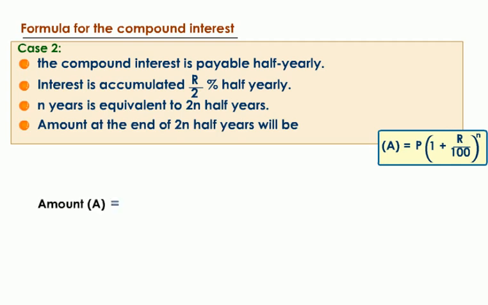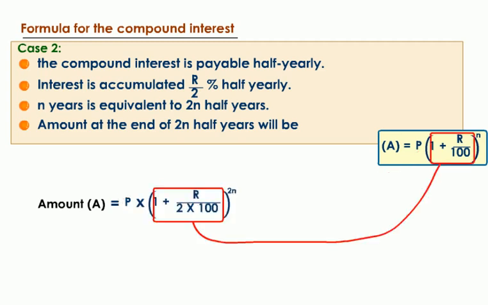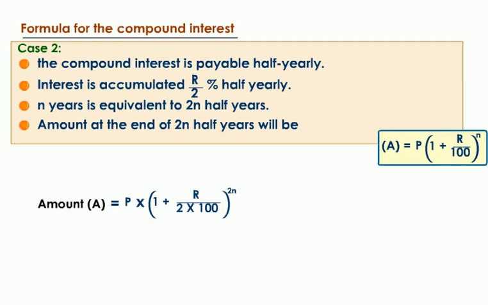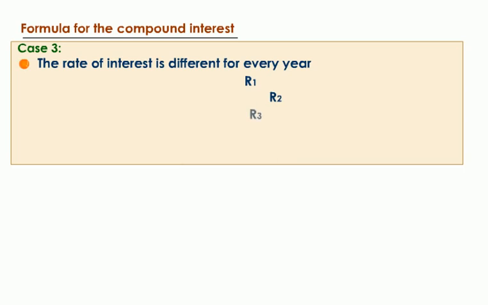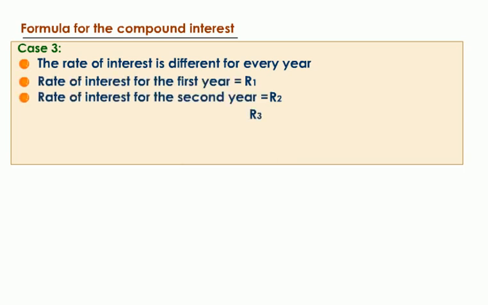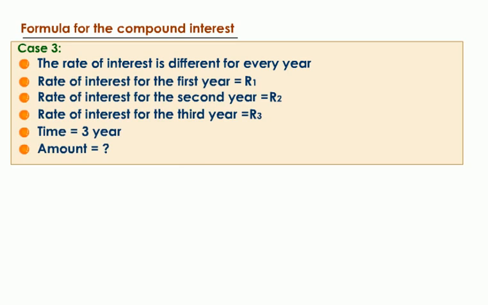Now look at case 3. If the rate of interest is different for every year, say R1, R2, R3 for the first, second and third year respectively, then the amount after 3 years is A equals P into 1 plus R1 by 100 into 1 plus R2 by 100 into 1 plus R3 by 100.